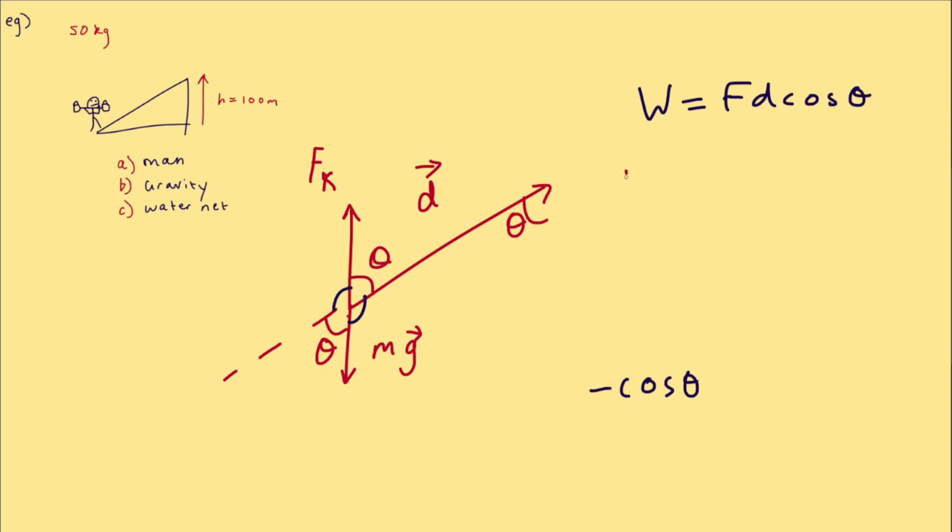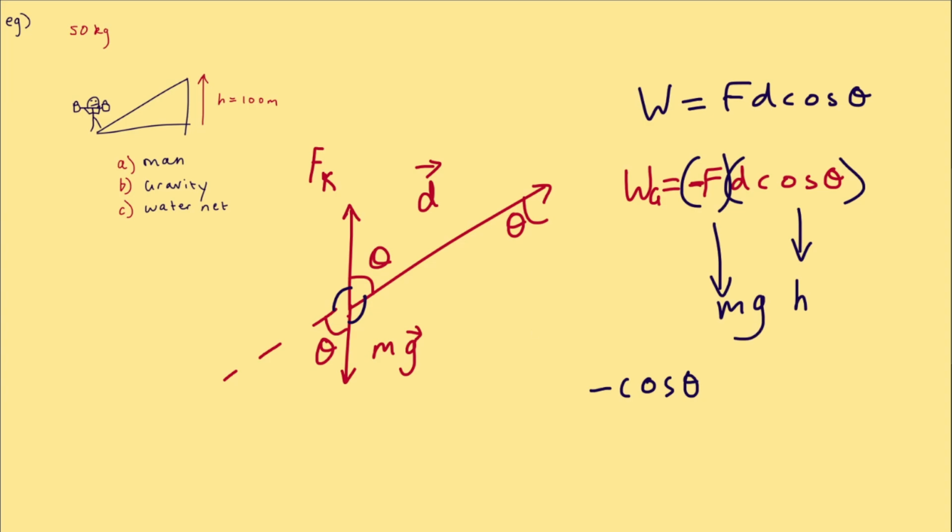That means your new work formula is work being done is equal to F D cosine, but it's negative. And let's label the G for gravity. So work being done by gravity is height. And the force here is mg, which is the force of gravity. That means the work being done by gravity is simply equal to mgh. And in this situation, it's negative.